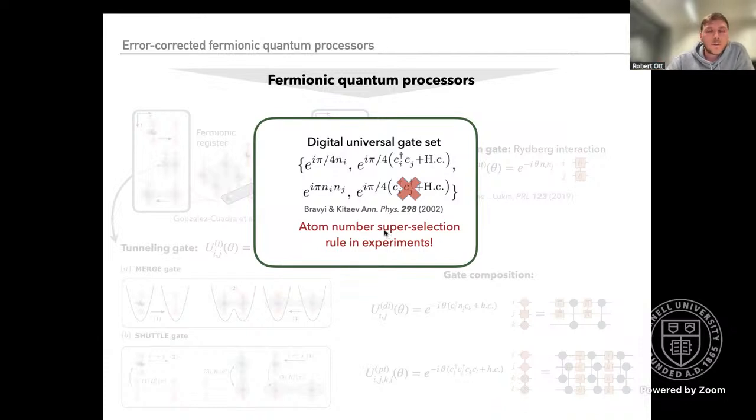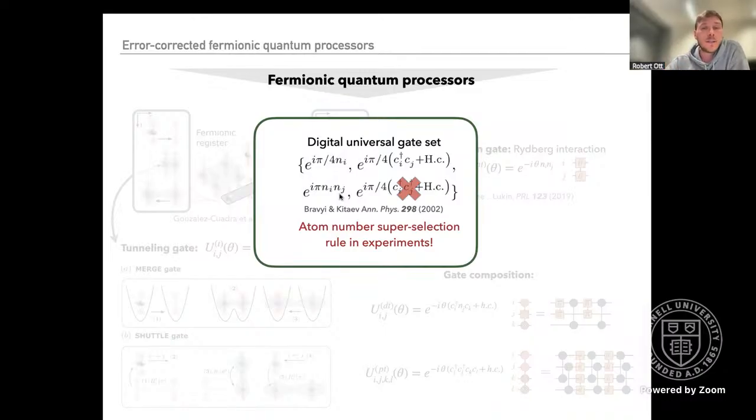If you want to simulate quantum chemistry, you have a fixed number of electrons, so you would never want to have coherent superpositions between different numbers of electrons in a molecule. So then actually, if you can realize a local density phase here, a tunneling operation with angle pi over 4, and here a control-Z-like density interaction gate, so a phase of -1, or minus pi, that you imprint whenever two modes are occupied.